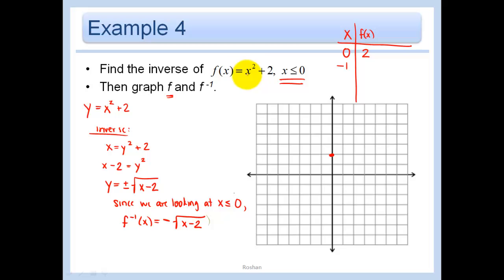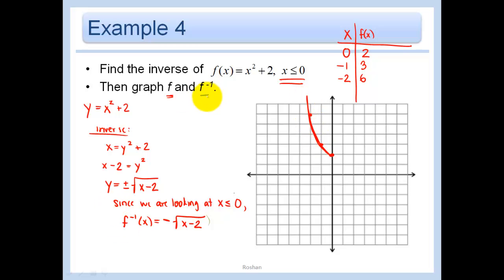A negative 1, the quantity squared is 1. 1 plus 2 is 3. So 1, 2, 3. And then let's put in a negative 2. Negative 2, the quantity squared is 4. 4 plus 2 is 6. 4, 5, 6. And anyway, we knew that this should be a parabola shifted up 2 units, and it is, but we're only drawing the negative x values here.